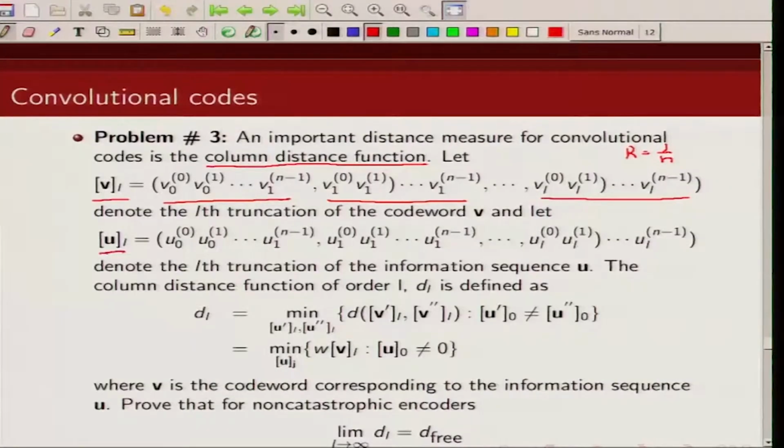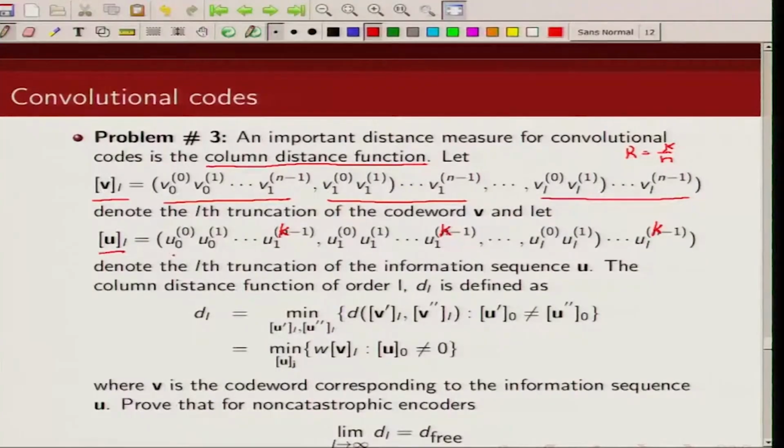Similarly, I can define my truncated information sequence. Just a minute, this is a typo, this should be k minus 1, k minus 1, k minus 1, and of course, if k is 1, there will be just one input.